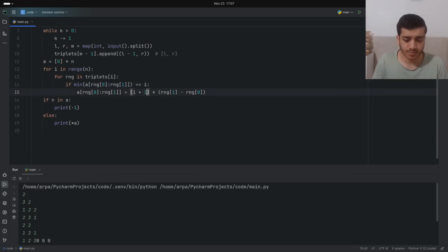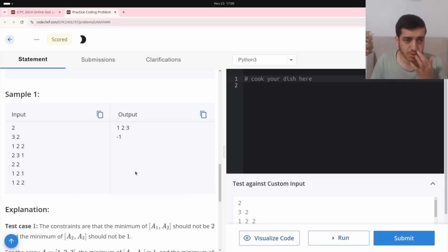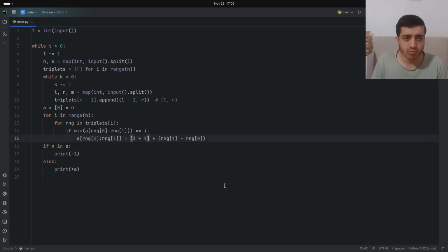0, 1, 1. Okay. Guys, what do you think about not making this 0 based?